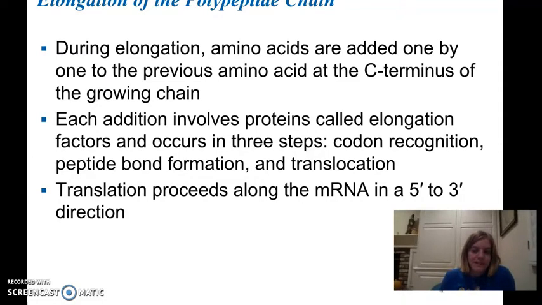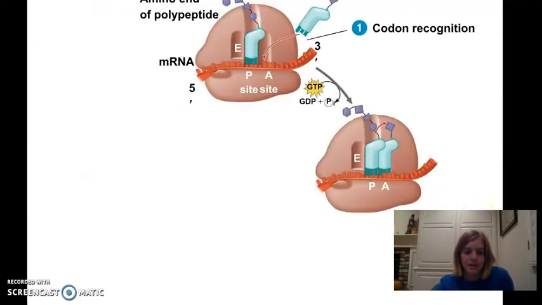So how does this exactly work? We have 3 steps within the elongation stage, and once again, these steps are catalyzed and helped along by some protein factors known as elongation factors. And this proceeds along the mRNA in the 5' to 3' direction.